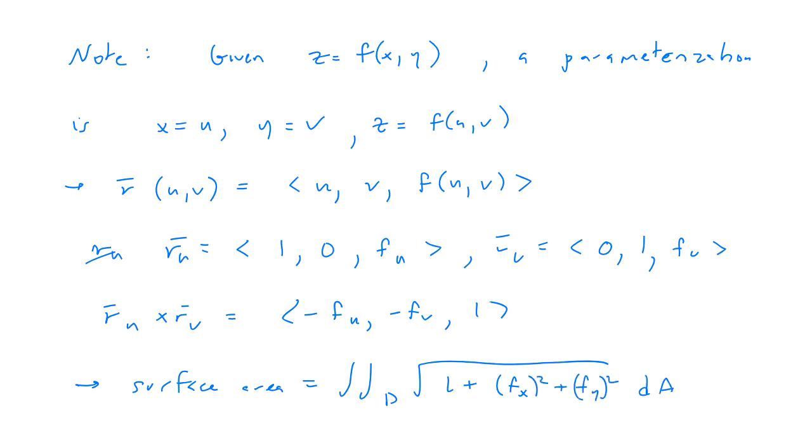And because u and v are kind of artificial, let me put down what it really is. x is equal to u and y is equal to v, and show that we get this formula if we have something in the more traditional form, z is equal to a function of x and y. So I do one of these examples and then show that sometimes we will have to use the parameterization. So any questions on how you get this formula?